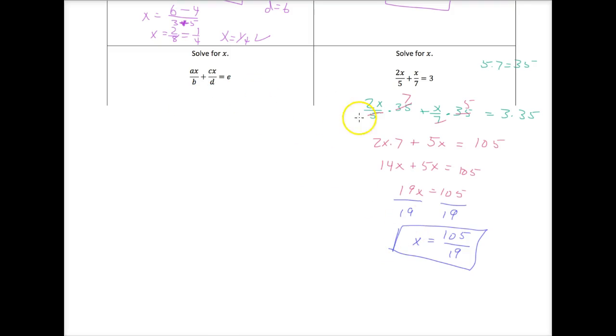All right, so we started by finding a common denominator. In this case, our denominators are b times d, which doesn't get any better than bd. So let's go ahead. ax over b times bd plus cx over d times bd equals e times bd.